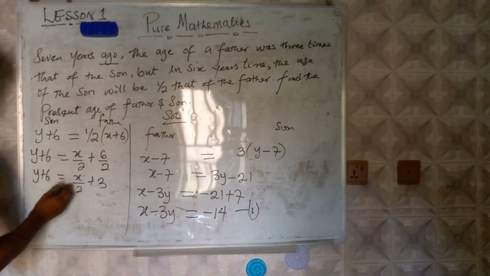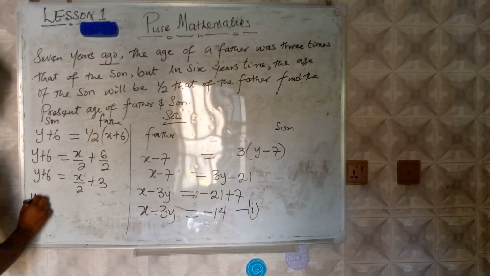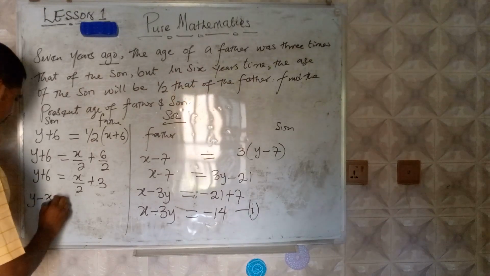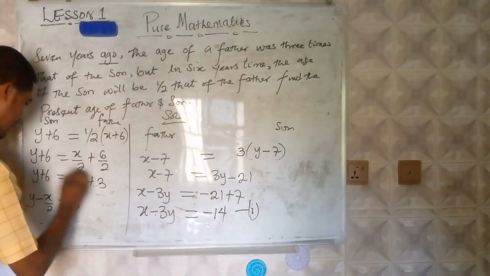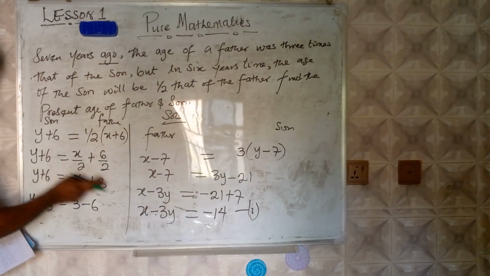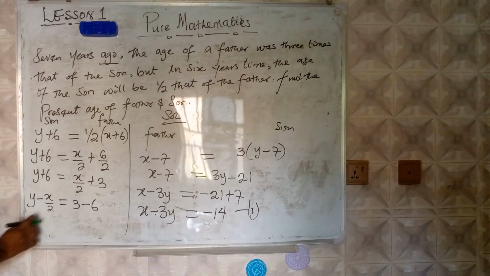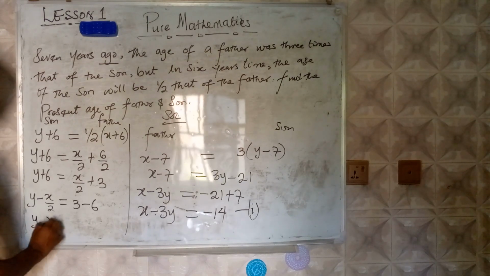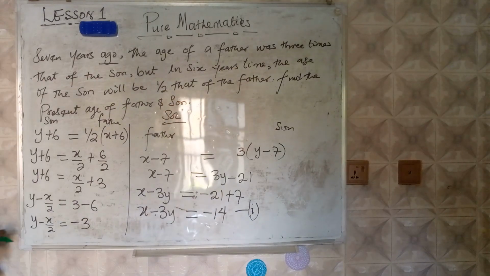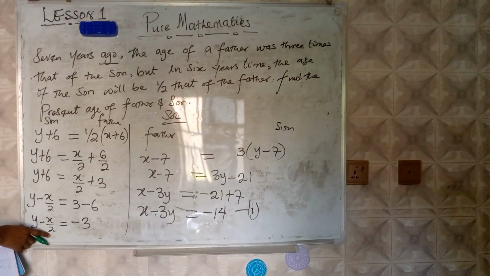So let's take y minus x over 2 equals 3 minus 6. Remember, I pulled this guy here and I pulled this guy here. So I'm going to have y minus x over 2 equals minus 3. I can multiply both sides by 2.